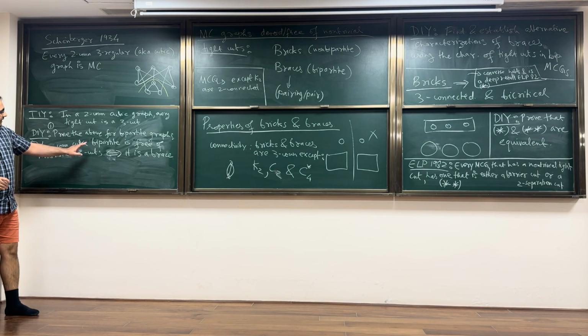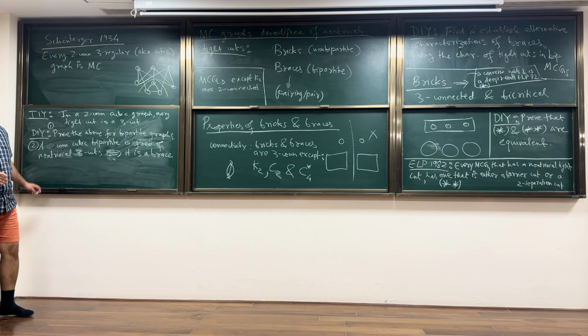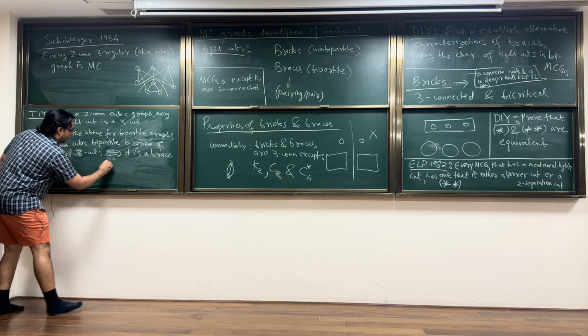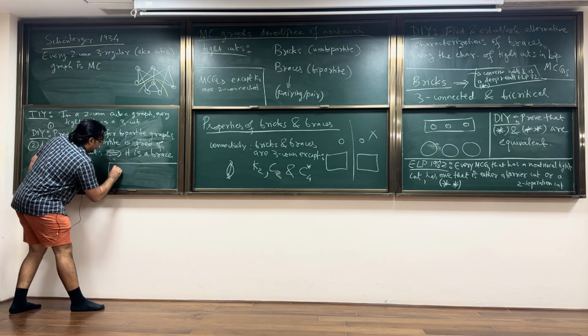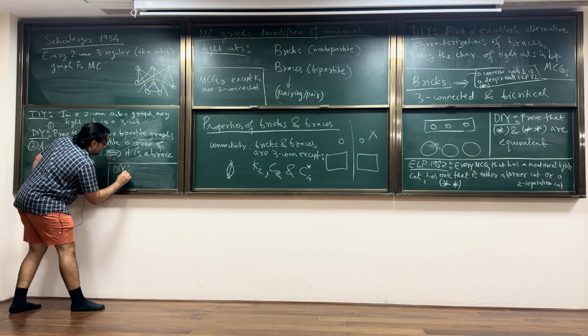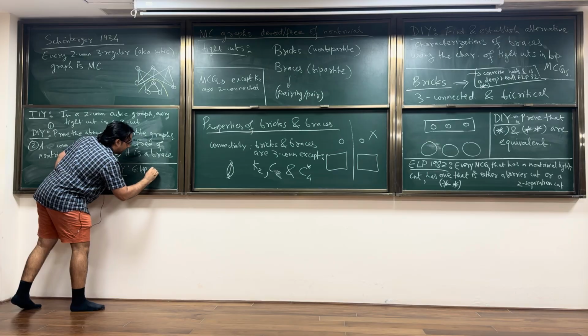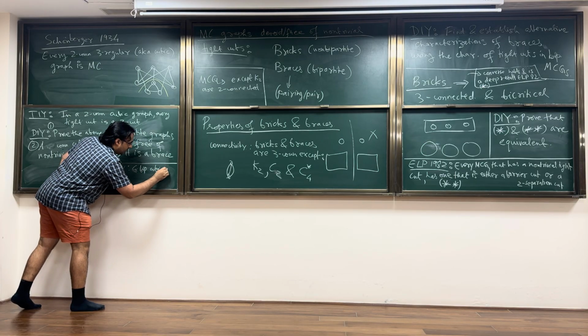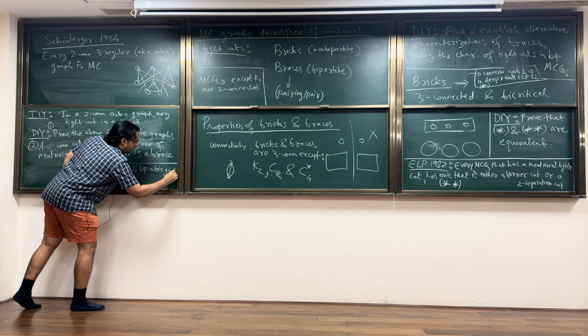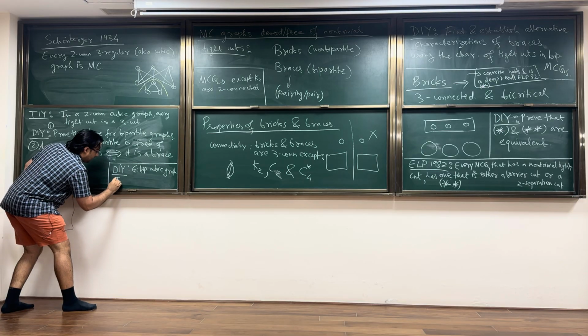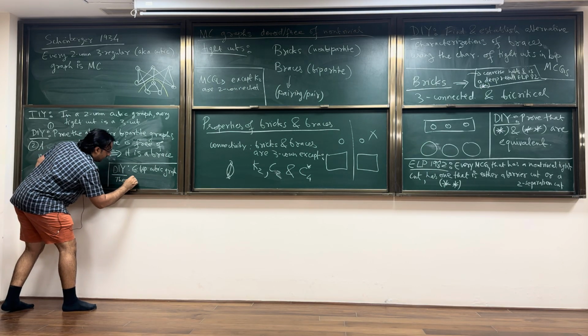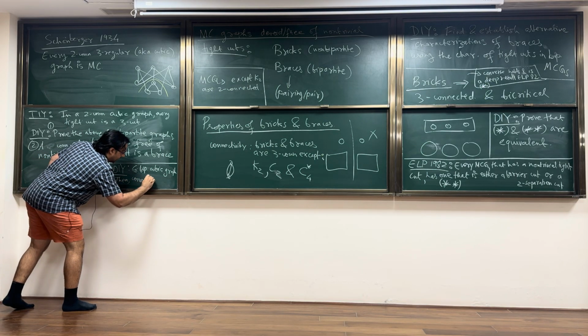No, so connected and cubic and bipartite all together actually imply 2 connected. So that's another DIY. If G is a bipartite cubic graph, then connected actually implies 2 connected.